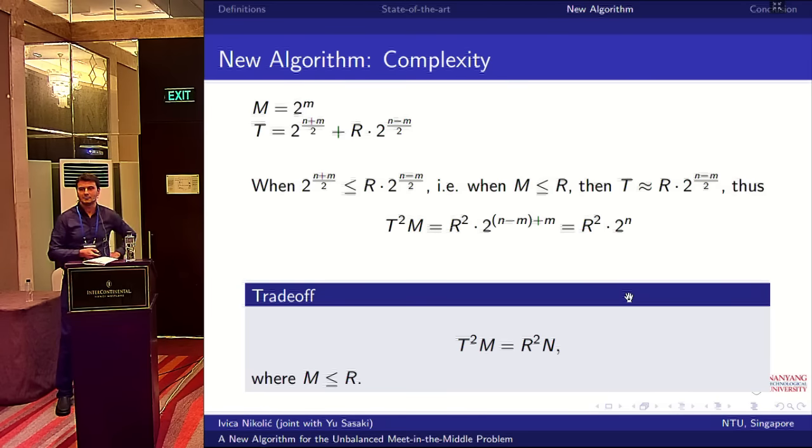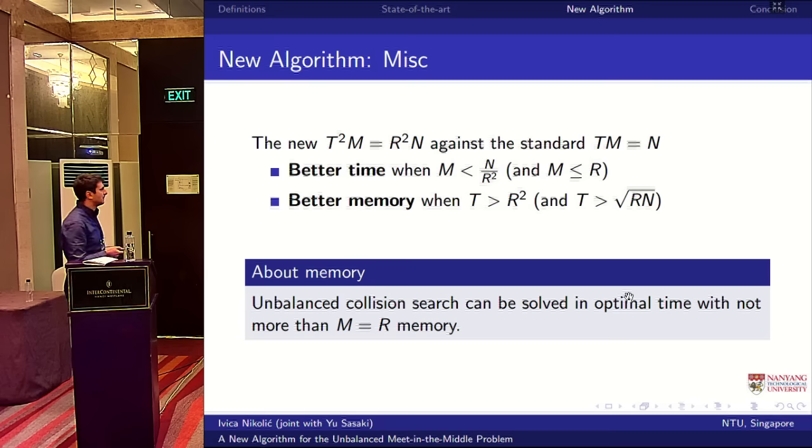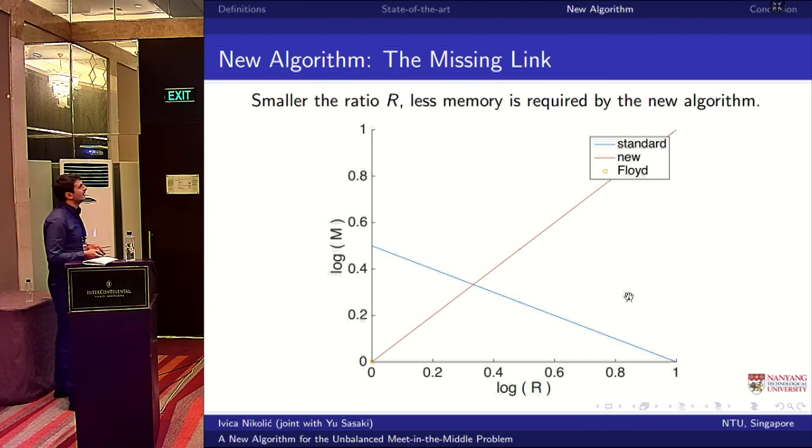So this algorithm, in comparison to the standard meet-in-the-middle algorithm, has a better time for certain values of M, better memory for certain values of M, and one of the most important things is that the unbalanced collision search, where one of the functions is R times more expensive than the other, can be solved in the optimal time, T equals square root of R times 2^n, with not more than R memory. So this is the Floyd.